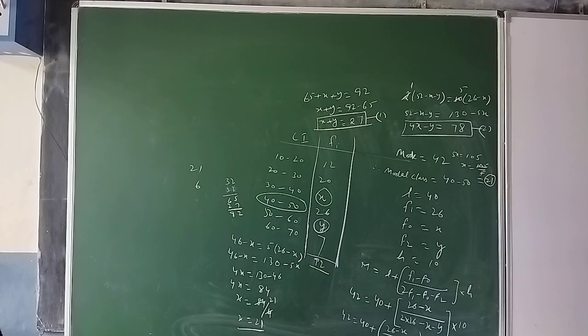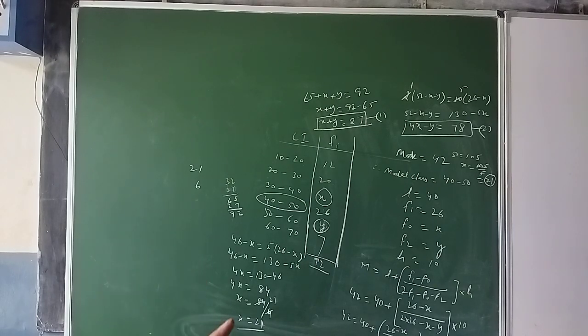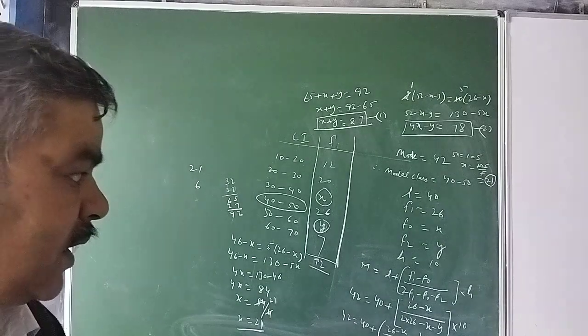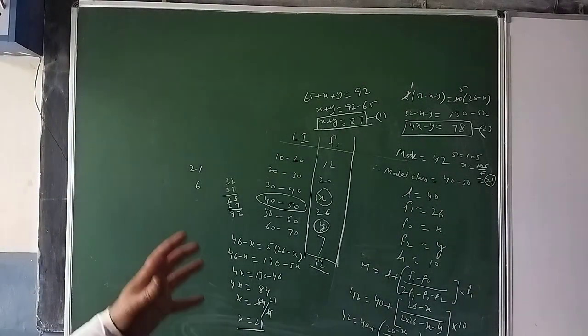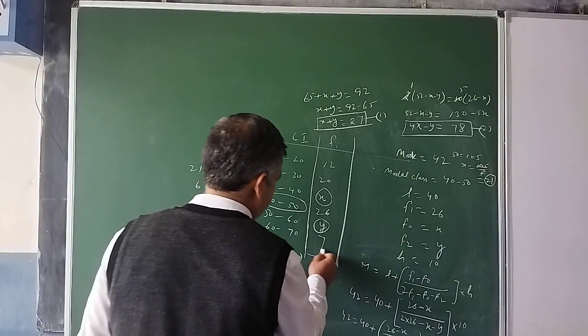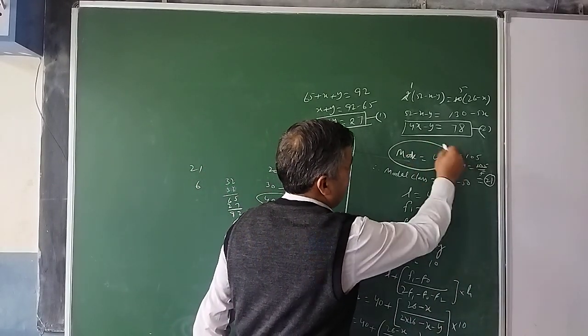So both types of questions can be there: a single missing frequency, or two missing frequencies simultaneously. In the second case, when two of the frequencies are missing, you are always given the sum of the frequencies and the mode of the data.